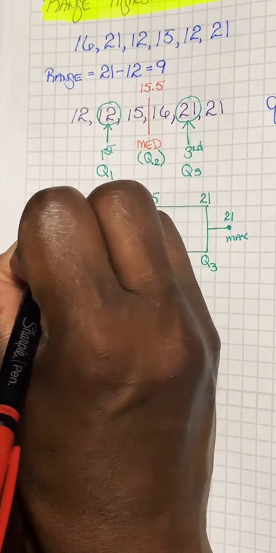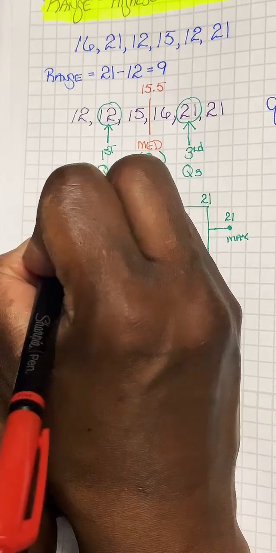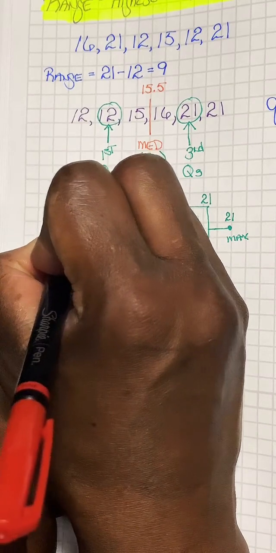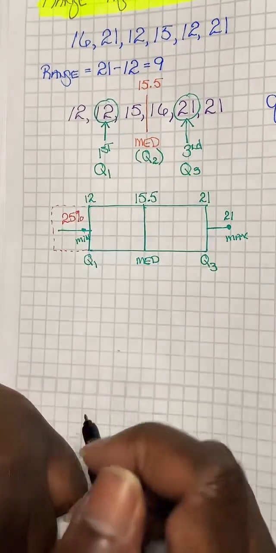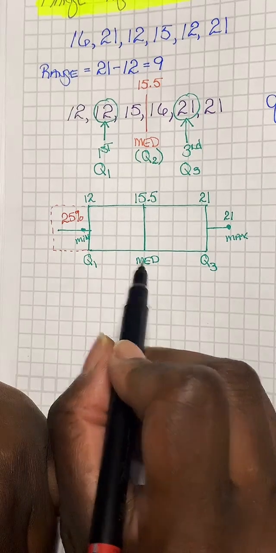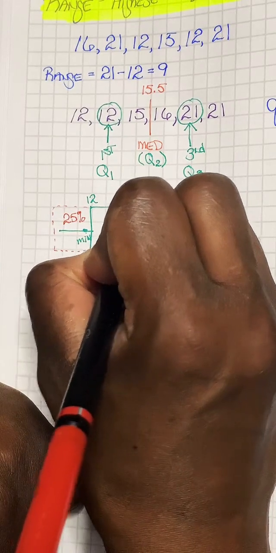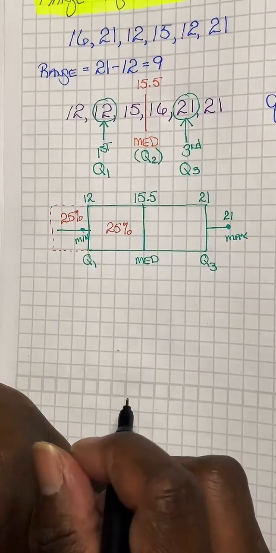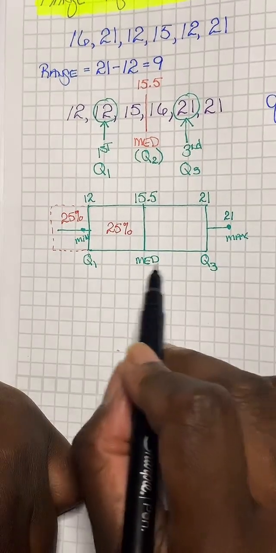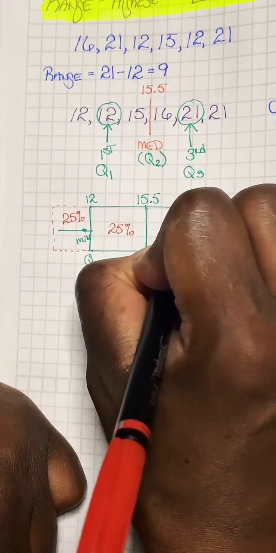Supposedly, this section out here that contains your minimum, that's 25% of the data. From Q1 to your median, that's another 25% of the data. From your median to Q3, same thing, 25%.